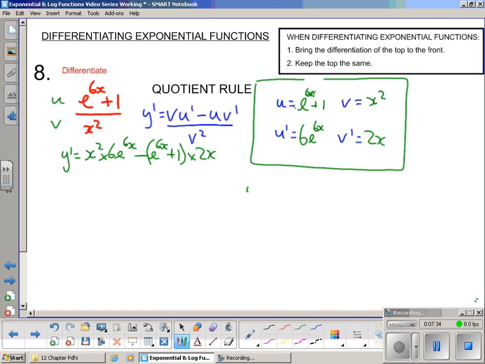Let's not forget the bottom of this quotient rule, which was v squared, which would have x squared there.